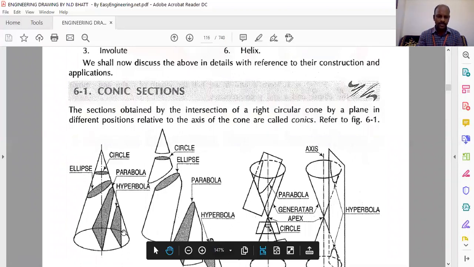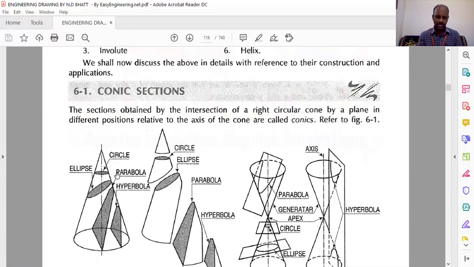Now this particular right circular cone is cut by cutting planes. These shaded portions shown here are nothing but cutting planes or sectional planes.